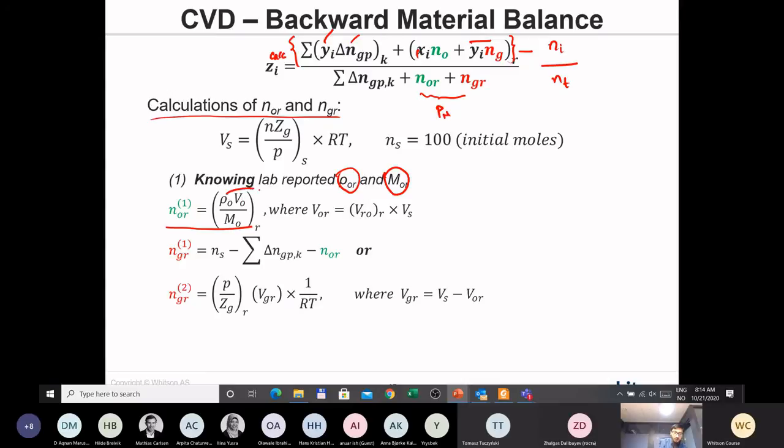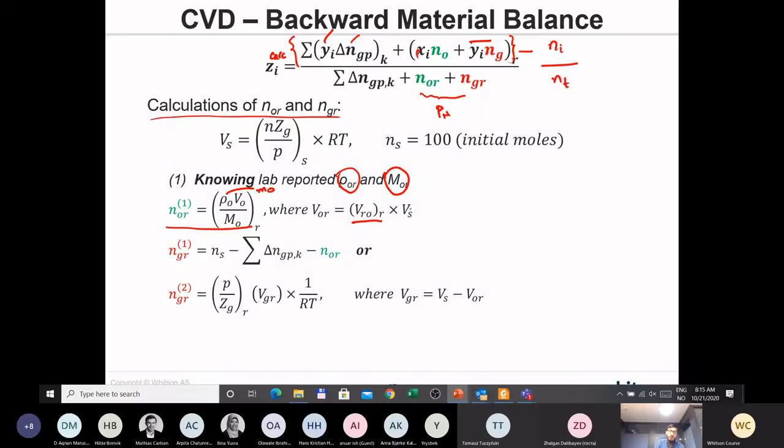So that's the mass of the oil divided by the molecular weight, and the volume of the residual oil is simply the relative oil volume or the liquid saturation at the last stage.